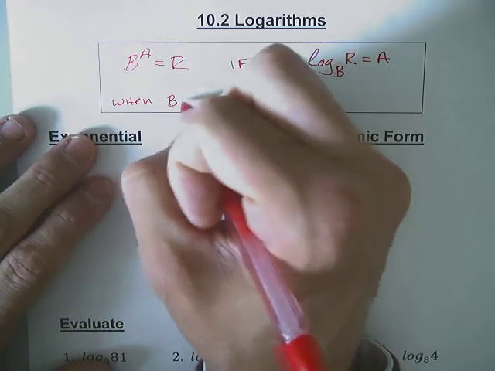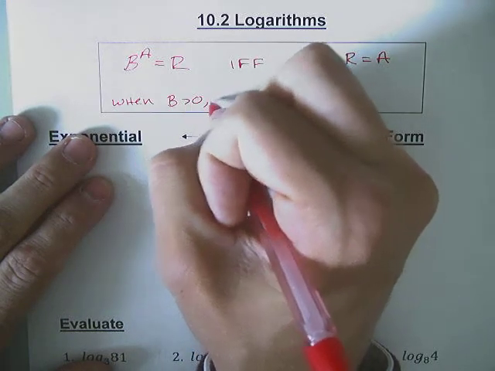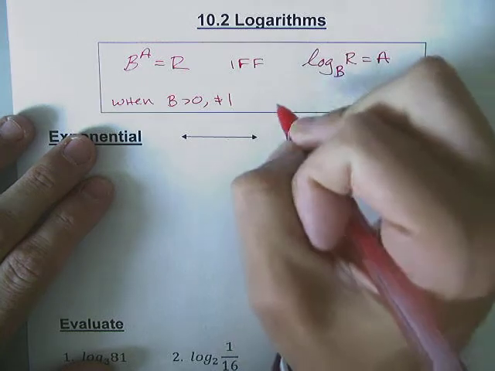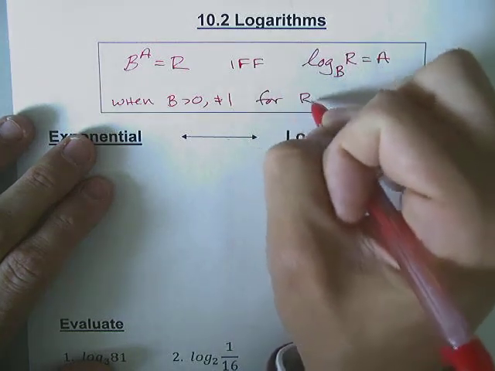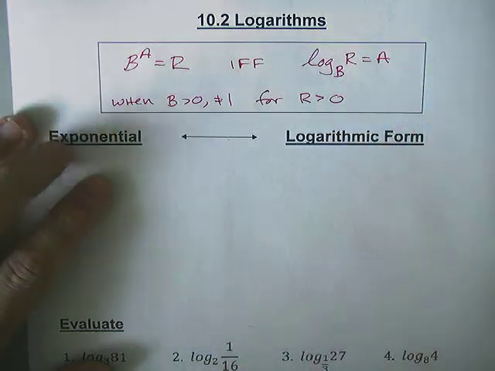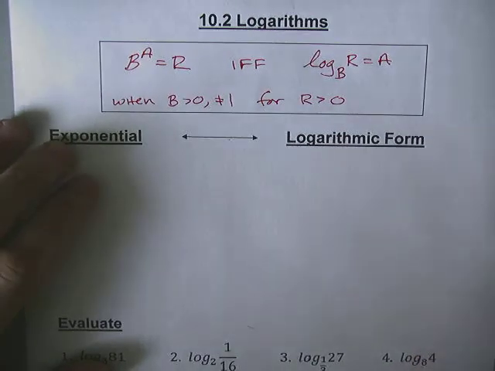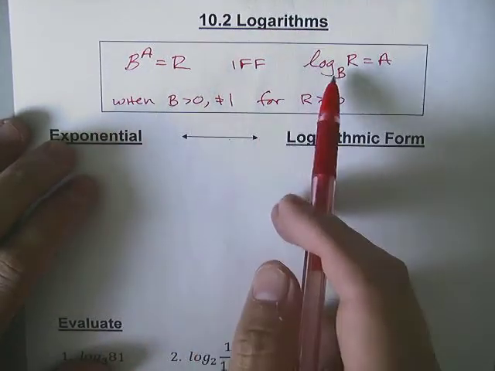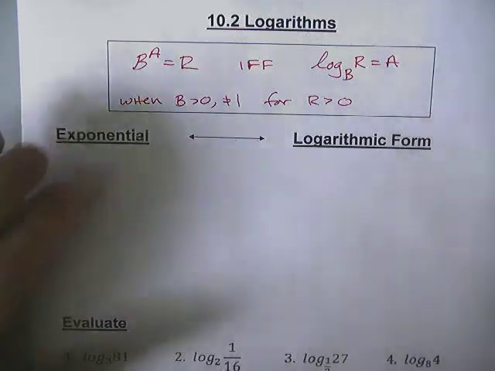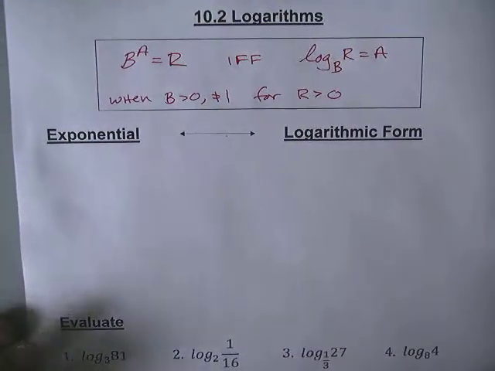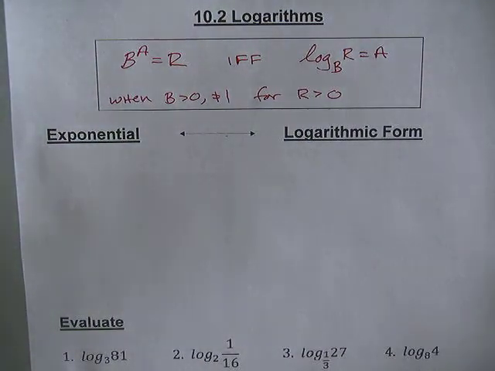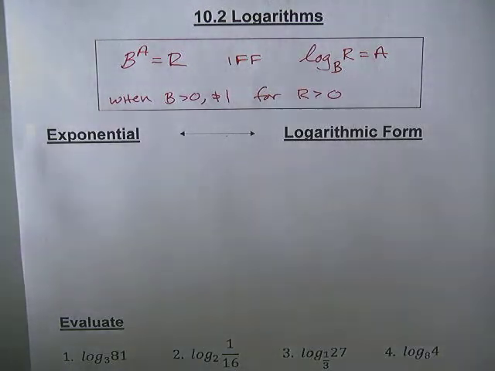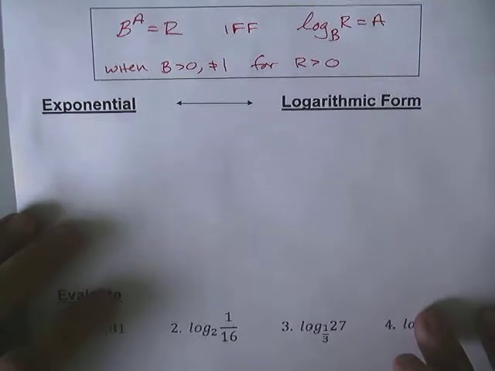And that is when b is greater than 0 and not equal to 1, for r being greater than 0. Now we'll get into great detail about what all this stuff means. This is going to be one of those lessons where we're going to learn how to do it first, and then we're going to learn the whys later.